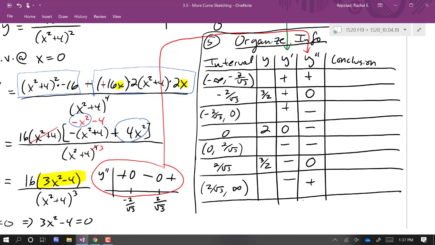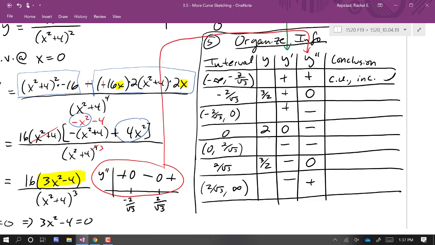All right, let's do the conclusion column. What do we write in the first row? What's our conclusion? Concave up, and increasing. Right, so that part of the graph will look kind of like this. You'll have that kind of behavior. What about what's happening at this point, negative 2 over root 3, comma 3/2?